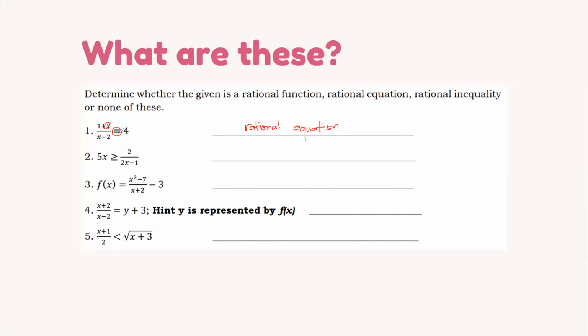What about number 2? How many variables are involved? We only have x. What type of sign is involved? It is 5x greater than or equal to the other right-hand expression. So this is a rational inequality.